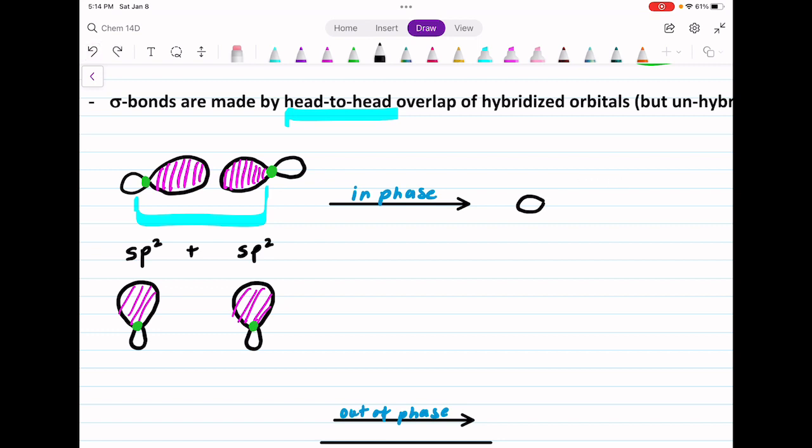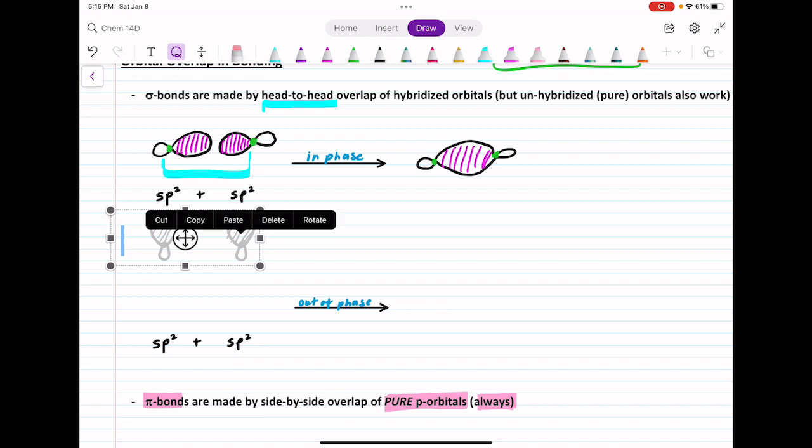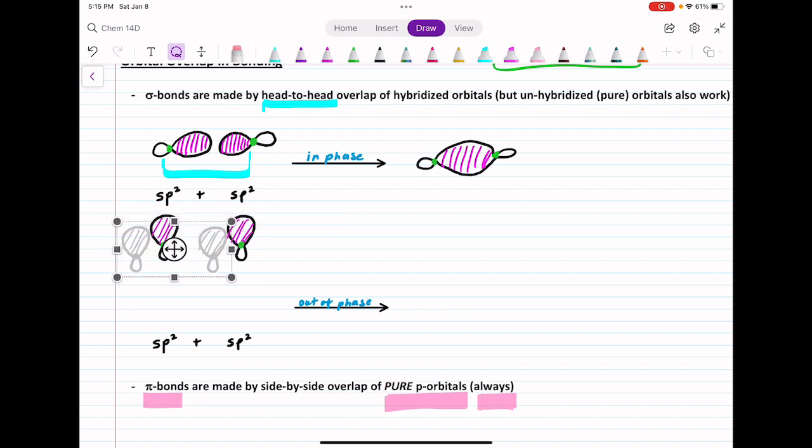Kind of looks like one of those little wrapped pieces of candy, with those two larger lobes overlapping, and then all this electron density here between the two. Okay, I'm just going to note right now that this is, copy and paste this because I think I can use that later.